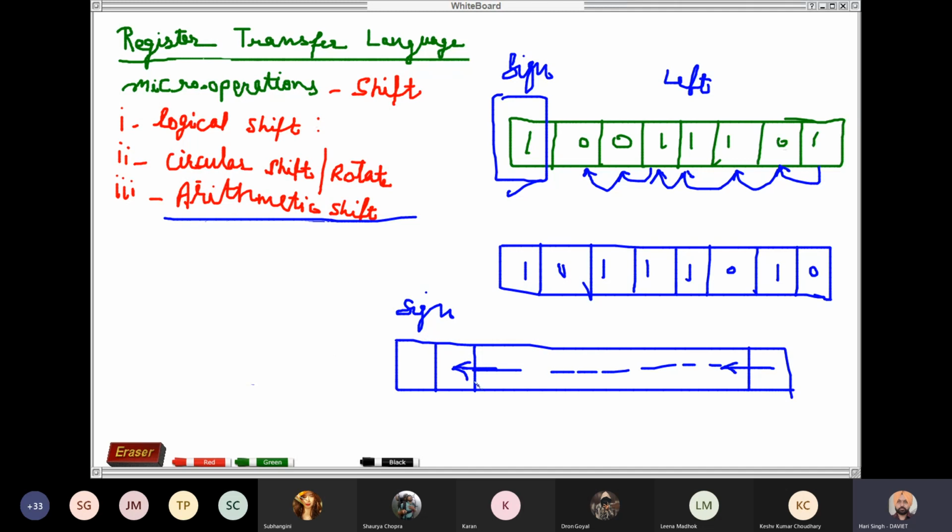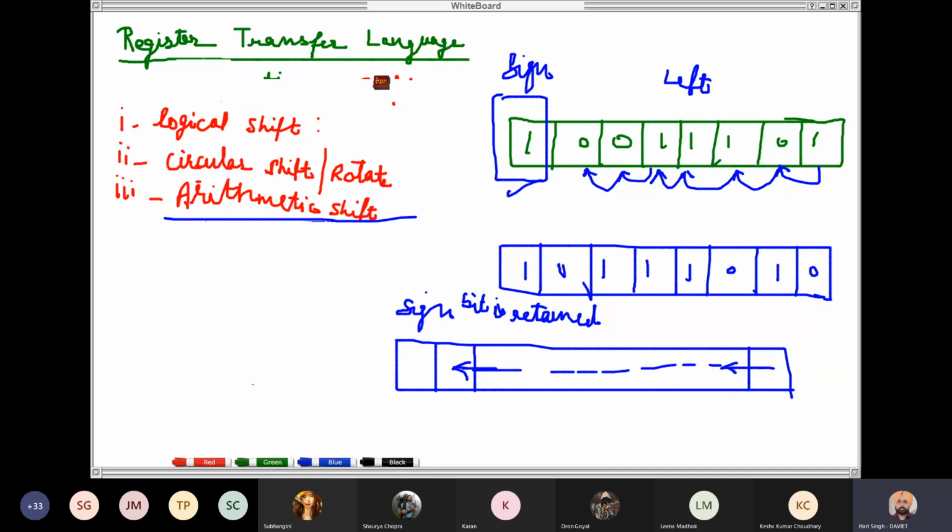This is the symbol of arithmetic shift right operation. Then the sign bit is retained. Okay, clear, students? Any doubt? Any doubts, students?